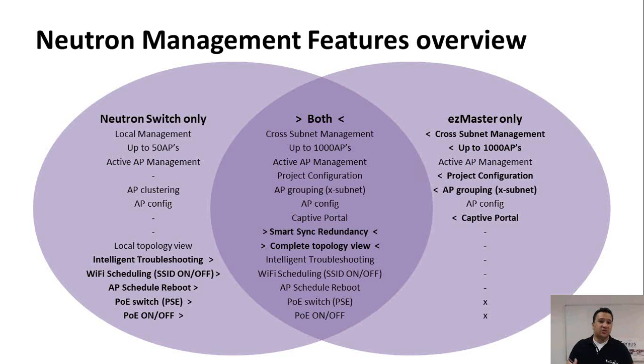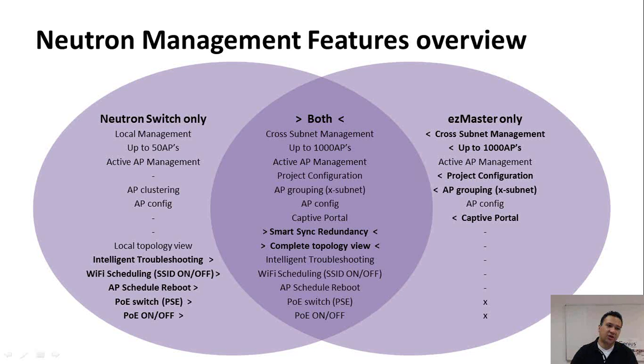Some features are to be executed through a switch or in combination with the switch. This slide is not the whole functions of the ezMaster, but it will just highlight the differences.